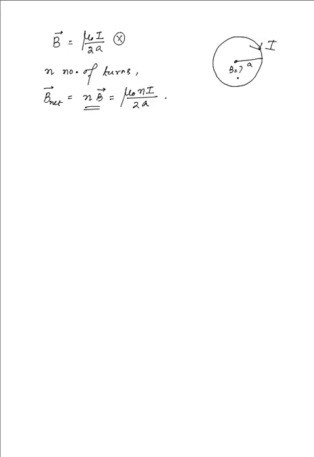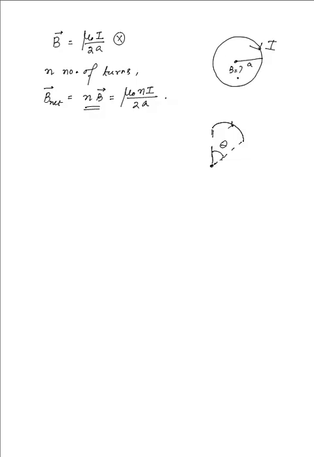Now if we are to consider a certain sector of that circle, and we have the current flowing in that sector, that is actually the arc of that circle, and what I have constructed is a sector which is subtending an angle theta to the center.